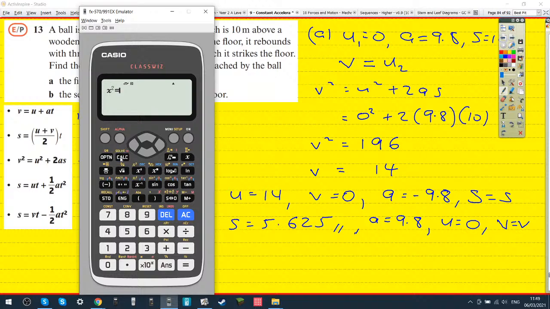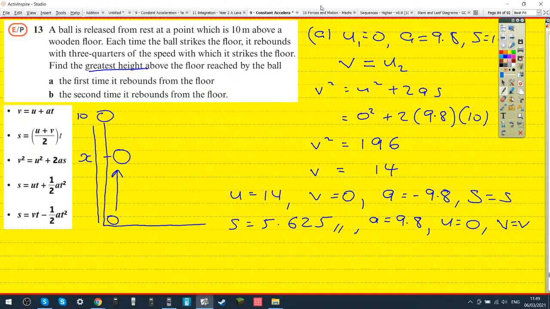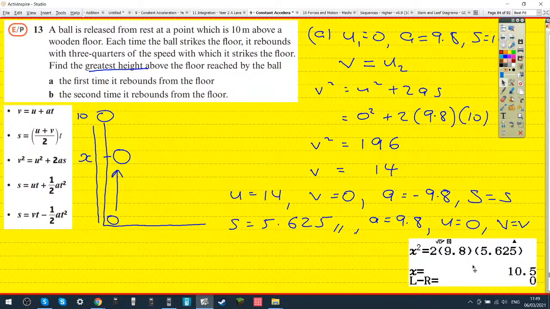U squared is 0 squared plus 2 times 9.8 times S, which was 5.625. So we get 10.5. So that's V. What do we do with that?